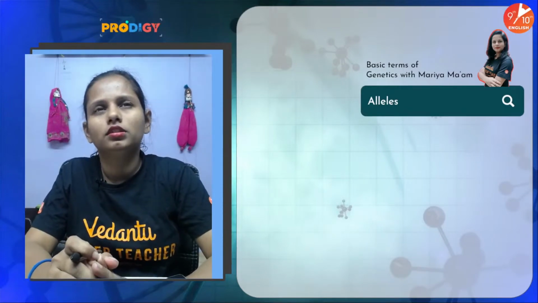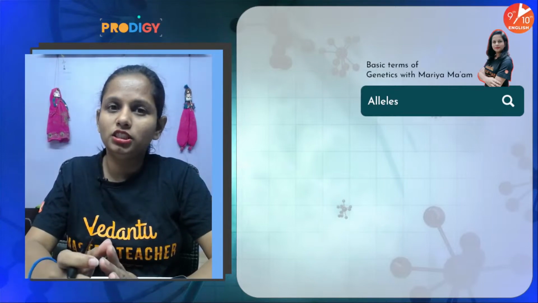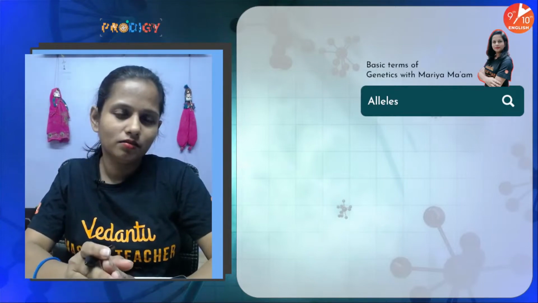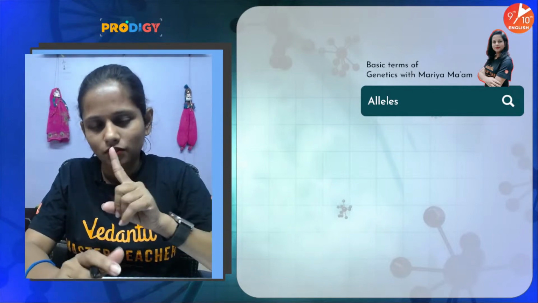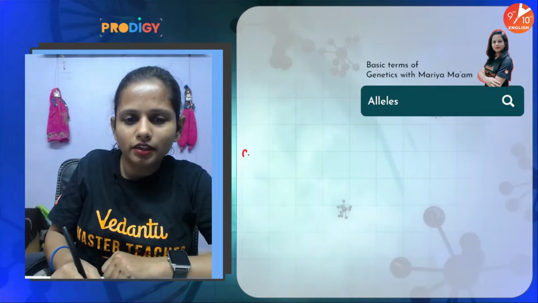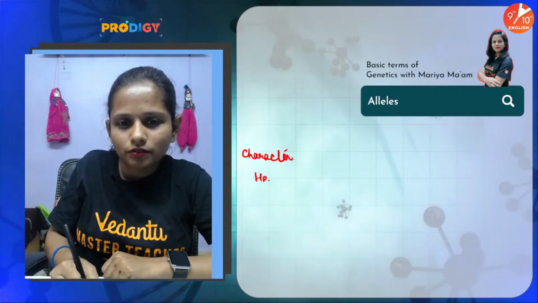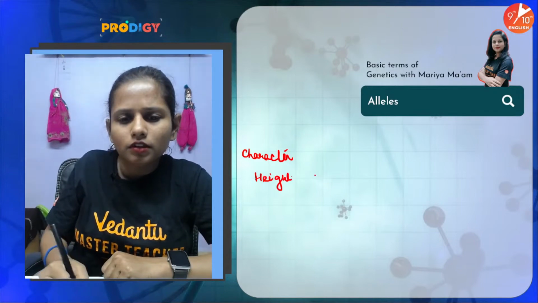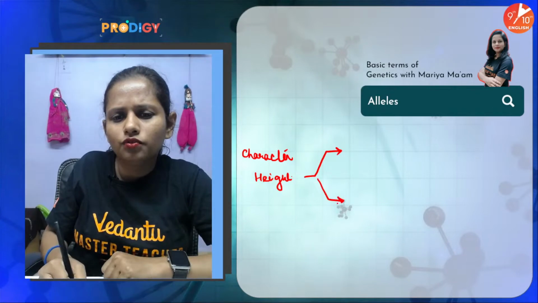Now what's the meaning of an allele? Alternate forms of a gene are called alleles. Now you will say, ma'am, tell me something that we can understand. Okay, sure. So let us take a characteristic, height. For height, we have two variations of genes.